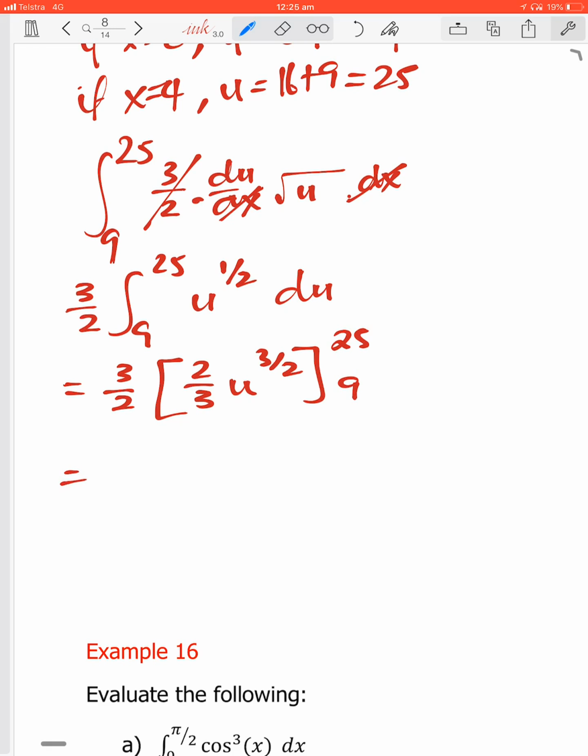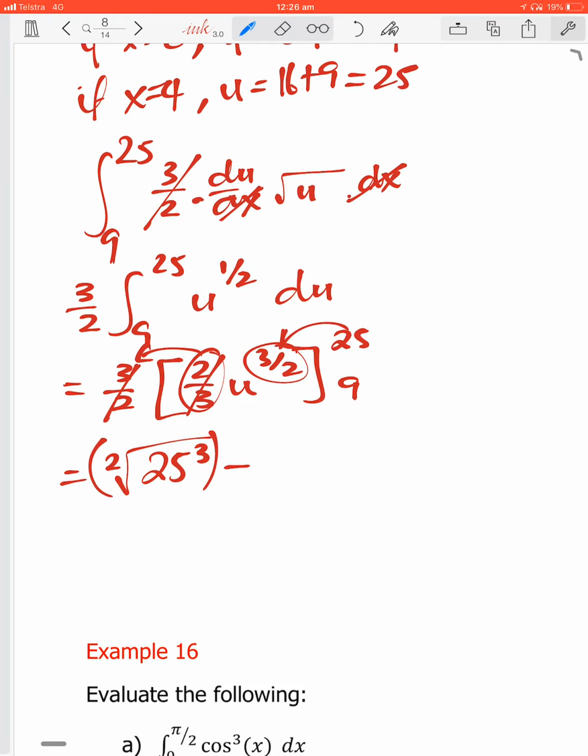Now we substitute our values in. So 3 on 2. Oh, now if you think about it, because I've got a constant here, we can bring it out the front and make it easier. 3 on 2 times 2 on 3 is just 1, so we can basically get rid of them. So I have 25 square rooted and cubed minus 9 square rooted and cubed.